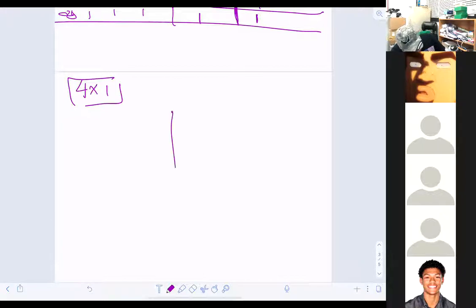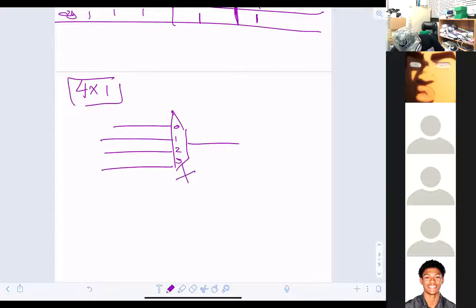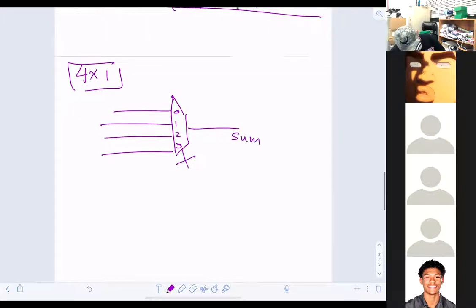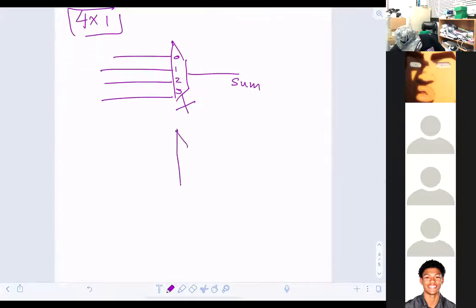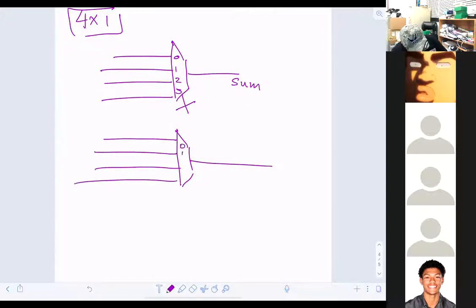So I'm going to say that I need a 4x1 like this, and there 1, 2, 3, 4, and then my selector here. And then they're going to be the sum. And I need another multiplexer also for the carry out, because every single output will have its own multiplexer. And then it's going to be here 0, 1, 2, 3, and it's going to also have here a selector.